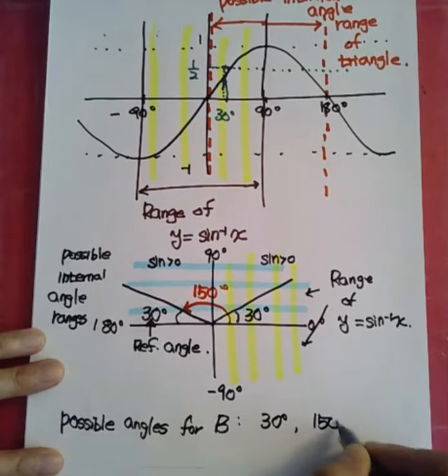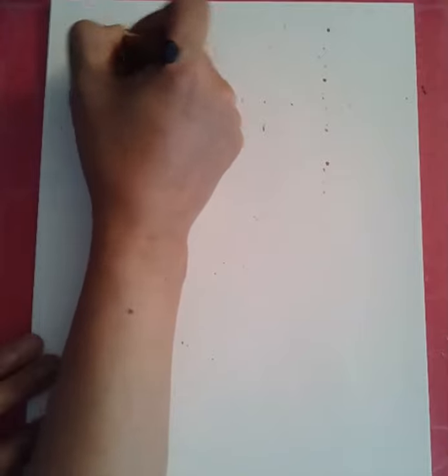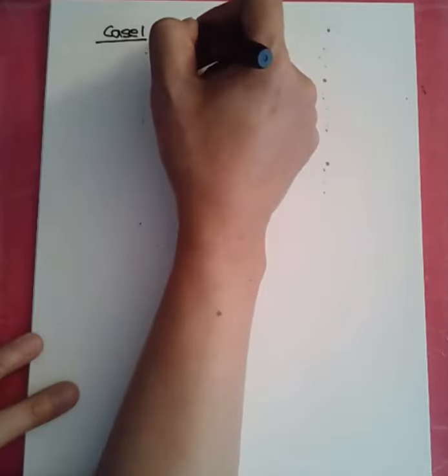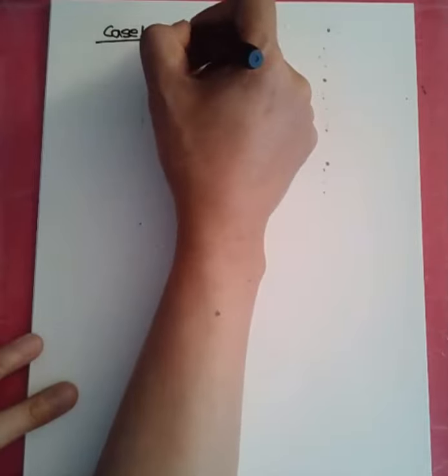When we have two possibilities, we have to check one by one. Checking the validity is pretty simple. B is 30 degrees. We know the angle A value and angle B value, so we have to get the angle C value.